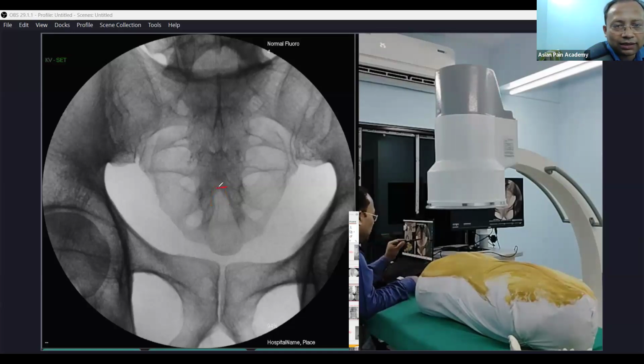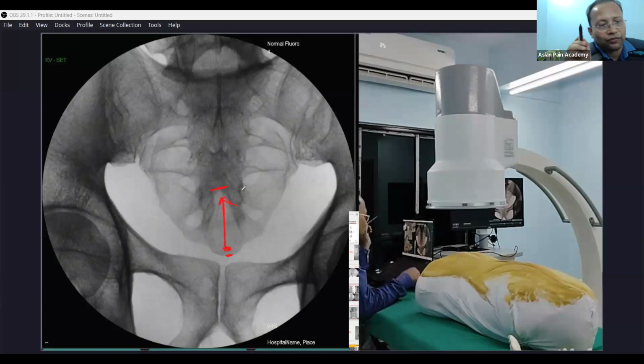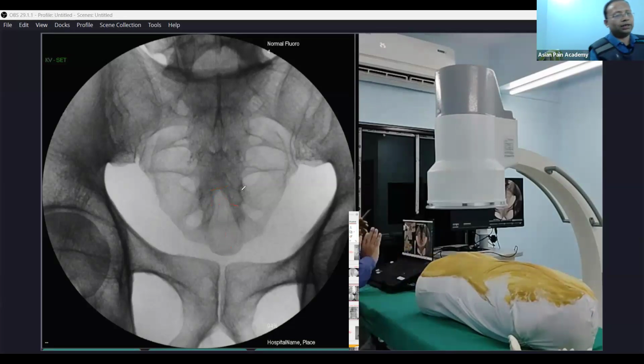We know here is the tip, so we will go at least 2 centimeter below, or we can go a bit more below also, 2 to 3 centimeter below. And our direction of the needle after going to a certain depth should be in the midline. From this view we want only this much to achieve. So let's see.